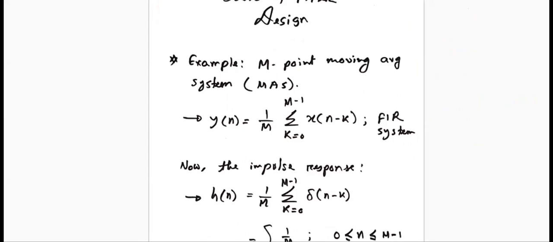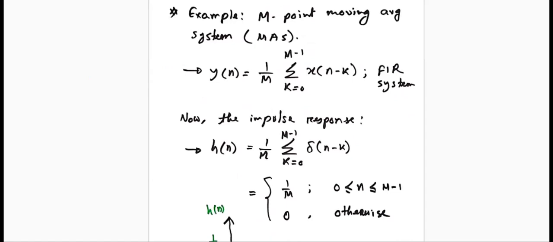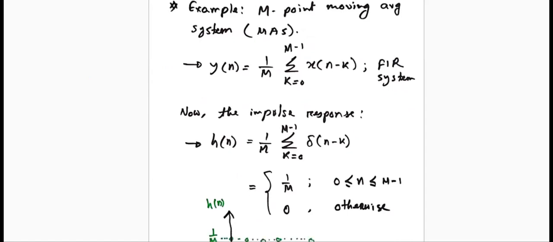The example states that we need to consider an M-point moving average system. Any sort of system is actually a filter, so you can call it an M-point moving average system or an M-point moving average filter, whatever you like. By the mathematical expression, this is the M-point moving average system.